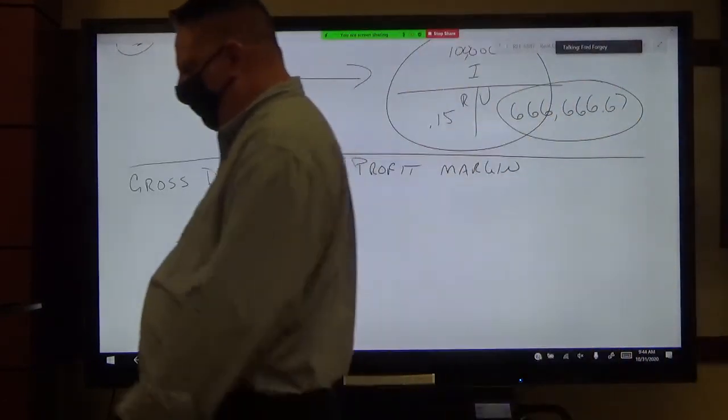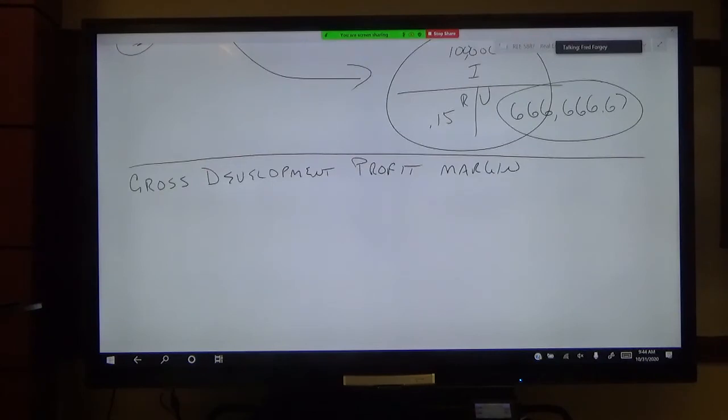So basically what you're going to do is take the going-in cap rate divided by the going-out cap rate, and then once you've calculated that, you're going to subtract out 1.